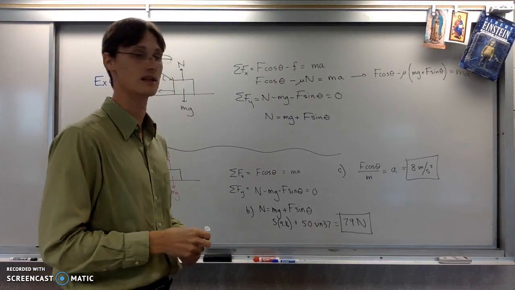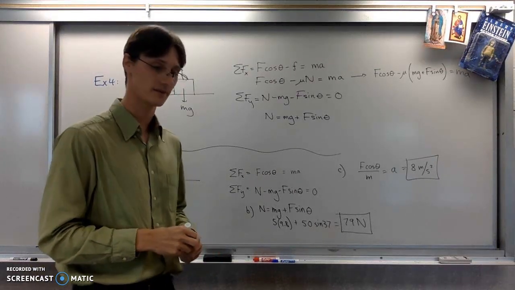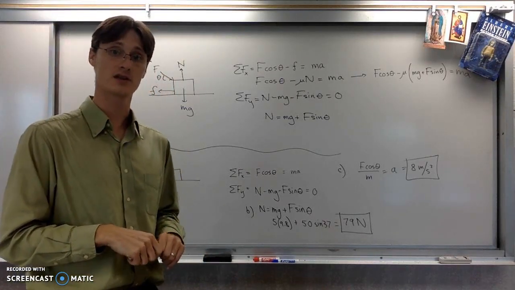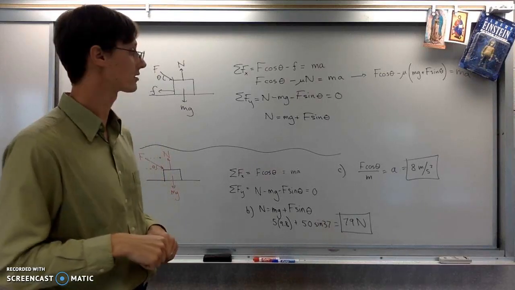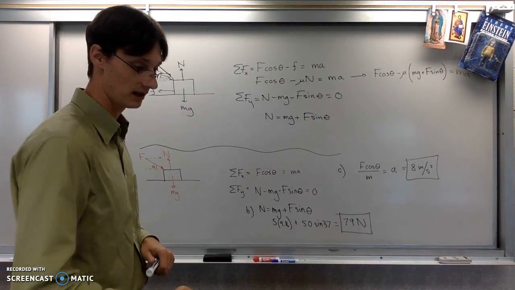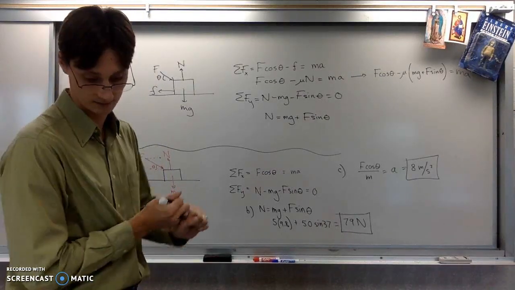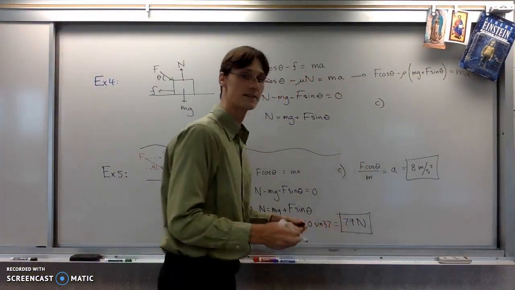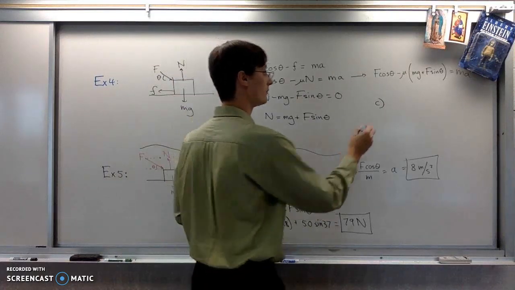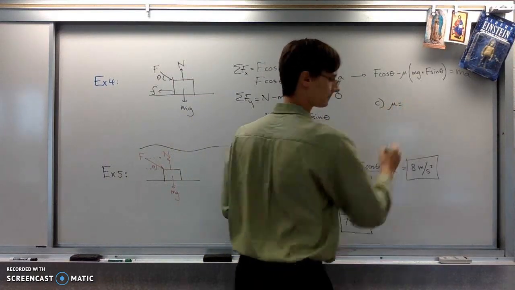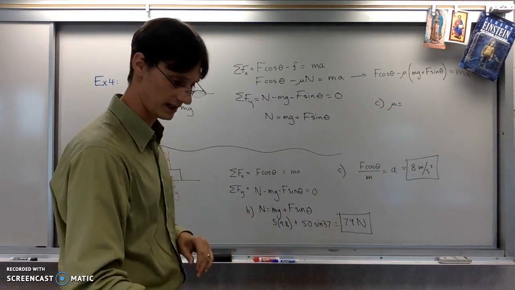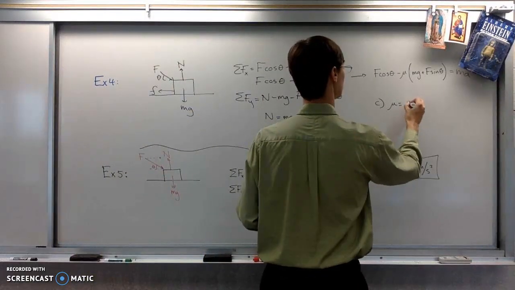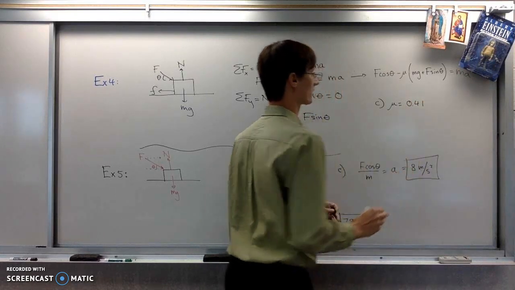You could plug in numbers for all those things and come up with it. Again, because it's probably not very interesting to watch me type in numbers, we'll just cut to the answer for part C. If after you type everything in you get that mu is 0.41, that would be the correct numerical answer.